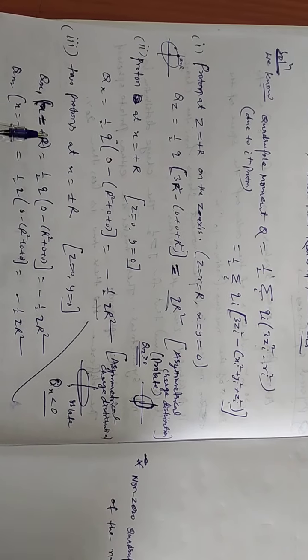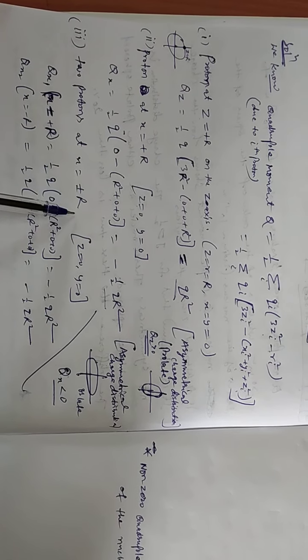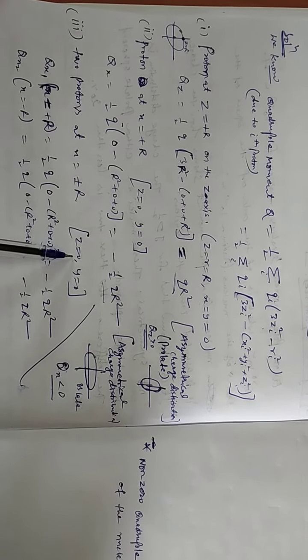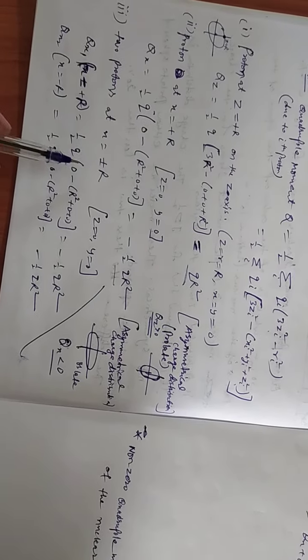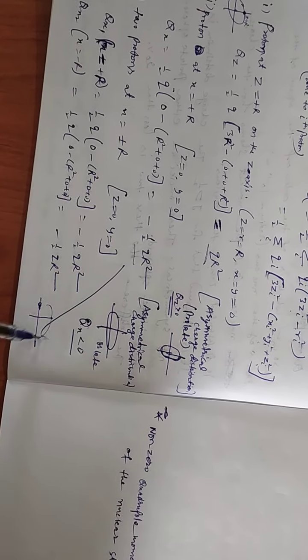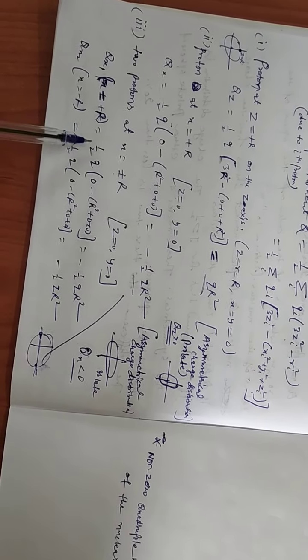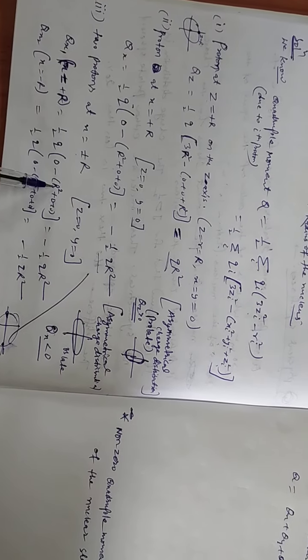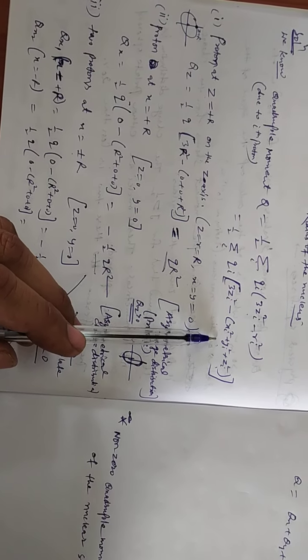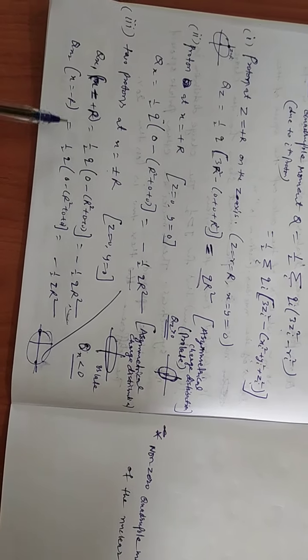And the third case is when two protons are situated at x equals plus R and minus R. In this case, Z equals 0, y is 0, and x is plus R and minus R. So for plus R, the quadrupole moment is half Q times 0 minus R squared, since Z is 0, so putting this value in this equation, we get this one, and for x equals minus R, we get this one.